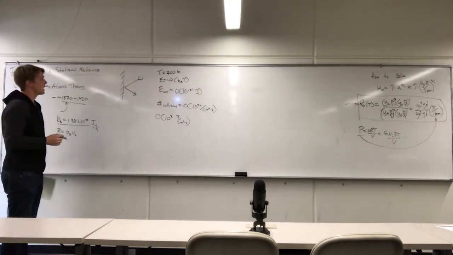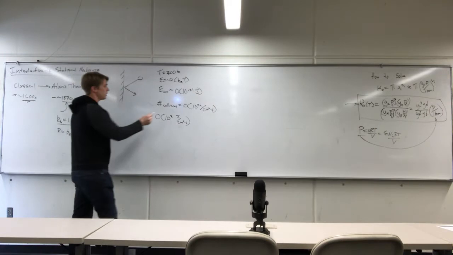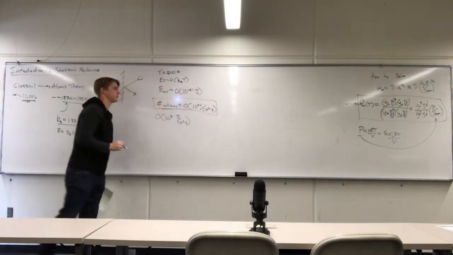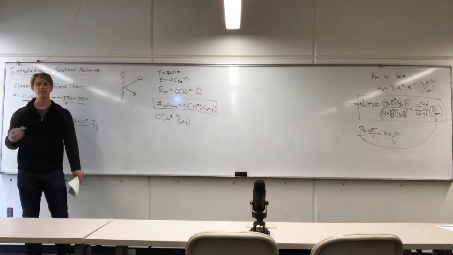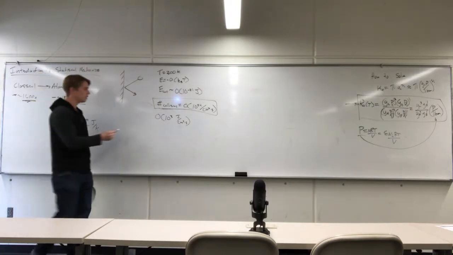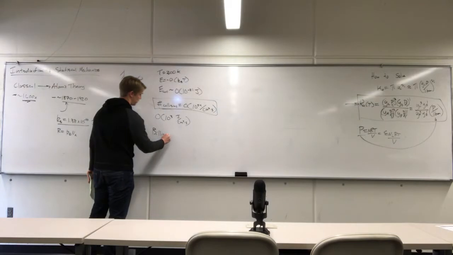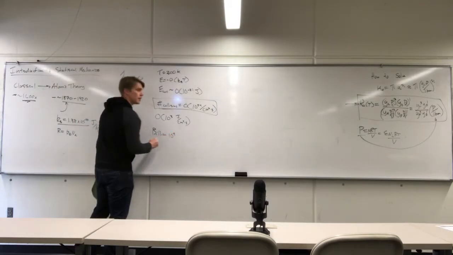So the hard part of StatMech is this part right here. How many billions is 10 to the 24? What is a billion? A billion is 10 to the 9.